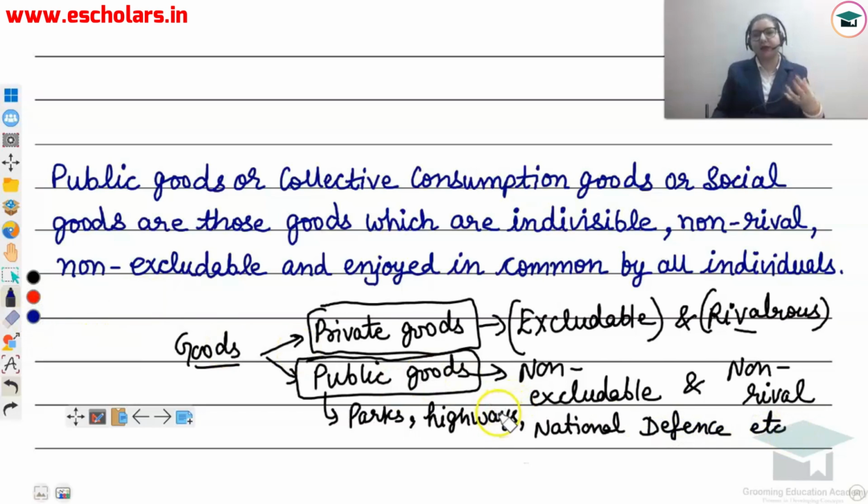Students, public goods are basically those goods which are offered by the government to all the people living in the society. These are goods which can be consumed by all the people living in the society. For example, parks, highways, national defense, etc. Now, public goods are non-excludable, which means that we cannot exclude any consumer from consuming the public goods, right?